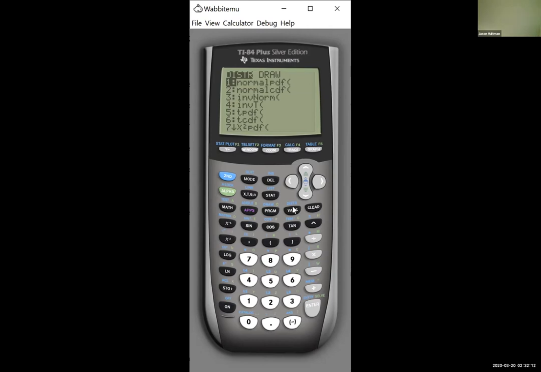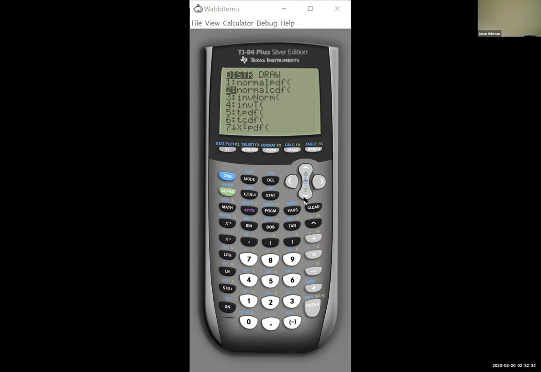And then we hit normal CDF. So we'll arrow down to number 2, and that's normal CDF.